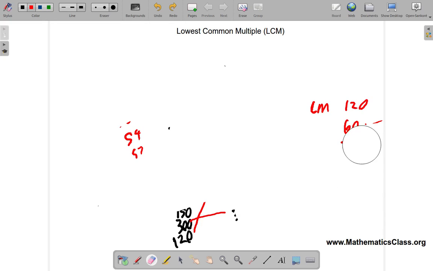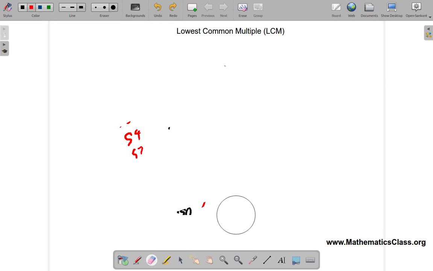Let's try another example. The lowest common multiple. I'd like for you to think about this one and find out what it is for me. The LCM of 2, 5 and 30.